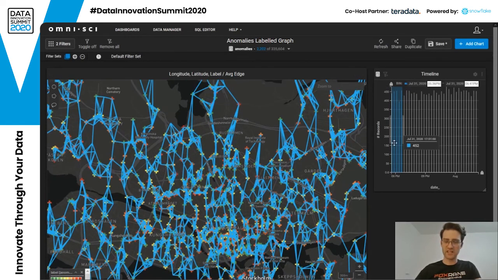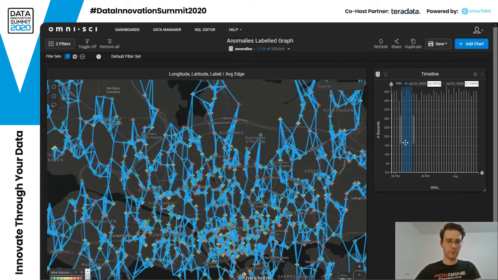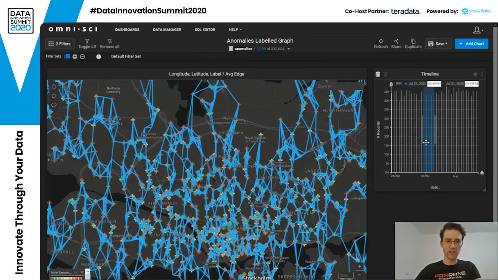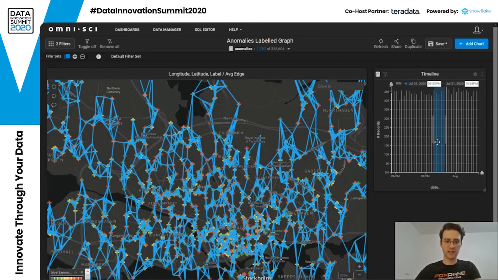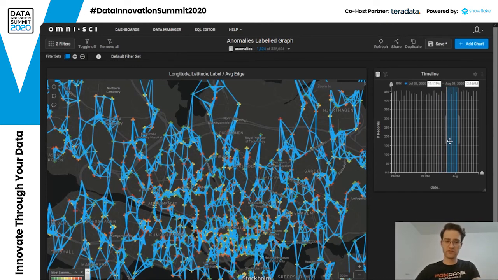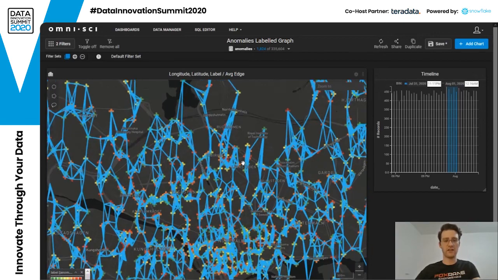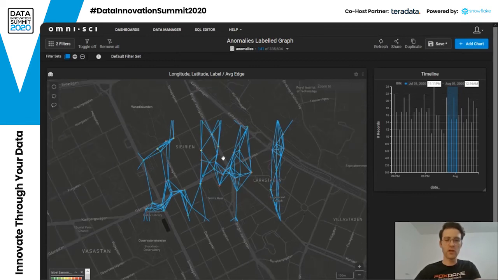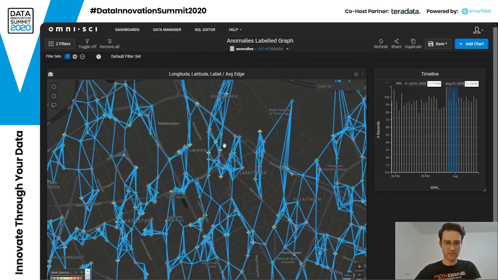And by sliding over the time dimension, we can see that the network changes. The network changes because the traffic across the edges changes, and thus the nodes report different KPIs, right? They become healthier, or they become less so, based on the traffic that is coming into them or going out of them.